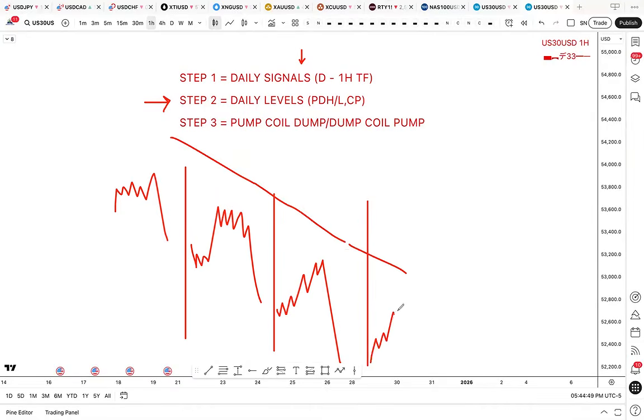And then Thursday ends up doing this. Look where you're selling. We want to sell high. You're selling the low of the week. You could be selling the high of the day, but you're selling the low of the week.